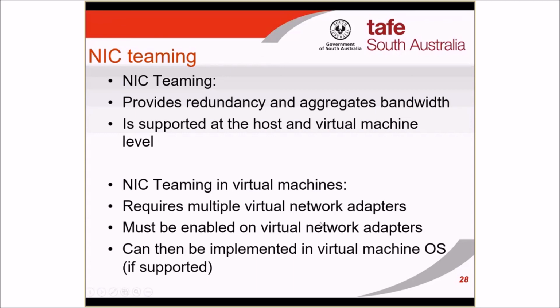NIC Teaming in virtual machines requires multiple virtual network adapters, but to be honest, that does nothing if you don't have multiple physical network adapters as well. So it must be enabled in a virtual network adapter, and can then be implemented in a virtual machine OS if supported. But to be honest, virtual machine NIC Teaming is not as important as physical or host machine NIC Teaming.